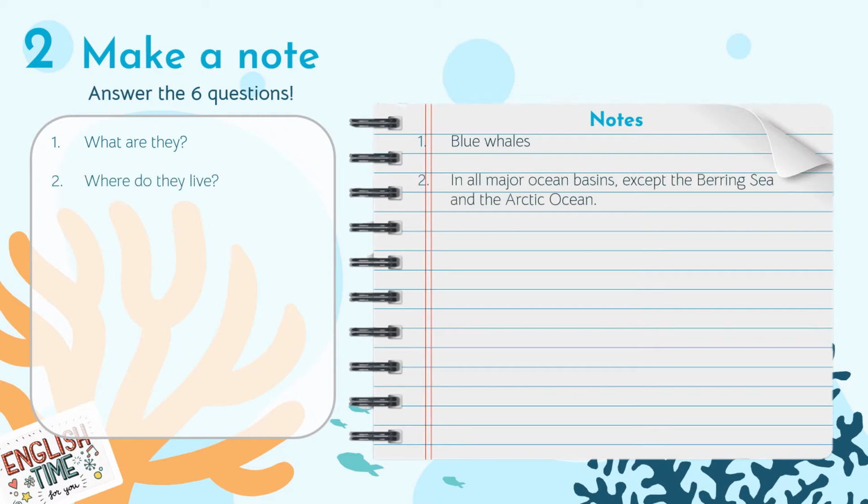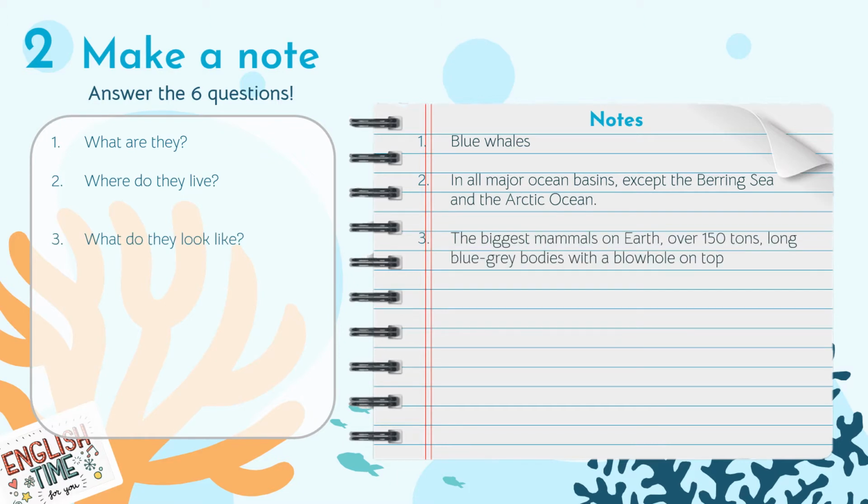Yes, they live in all major ocean basins except for the Bering Sea and the Arctic Ocean. Okay? And what do they look like? They are the biggest mammals on Earth, over 150 tons. They have long blue-gray bodies with a blowhole on top, right?